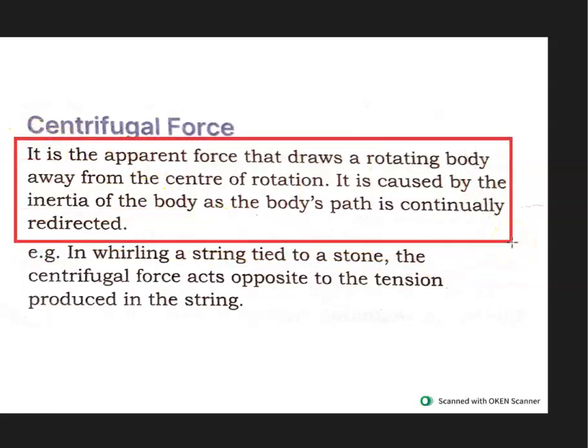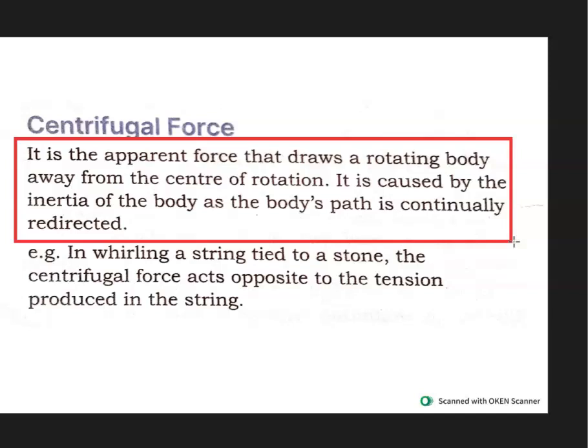Please remember, the actual force acting on the object is centripetal force, while an apparent force is also known as pseudo force. So centrifugal force is a pseudo force which draws a rotating body away from the center of the rotation. It is caused by the inertia of the body as the body's path is continuously changing.